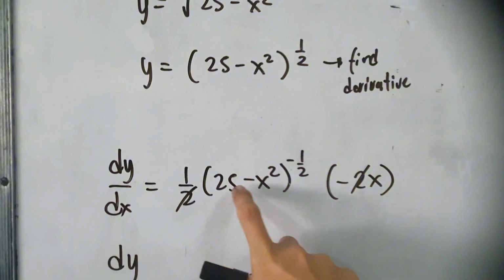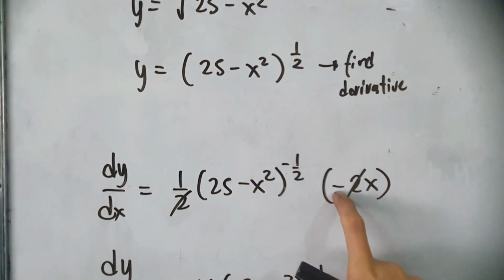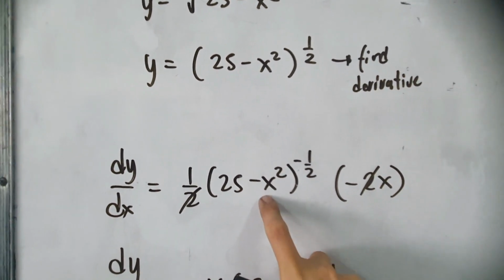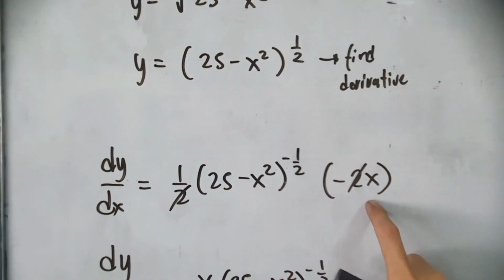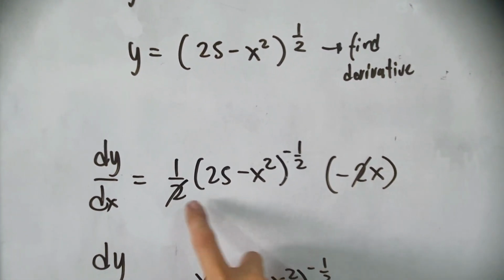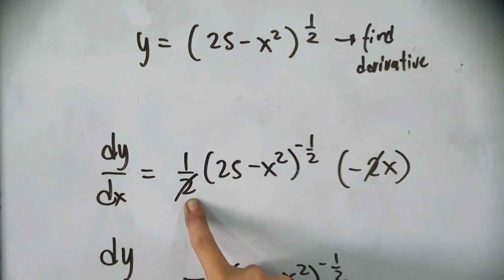The derivative of 25 is 0, minus the derivative of x squared, we have 2x. Notice this is multiplication, everything is multiplication. 2 divided by 2 is cancelled out.